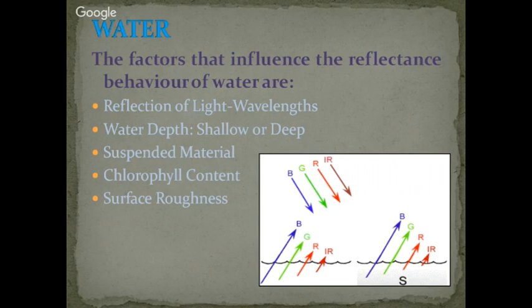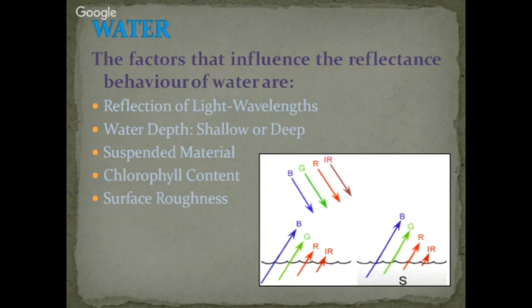Then we have suspended material, chlorophyll content in water bodies, and surface roughness. Now in the visible spectrum and near infrared, the incoming radiation, when it strikes the water body, will reflect various wavelengths in different proportions.